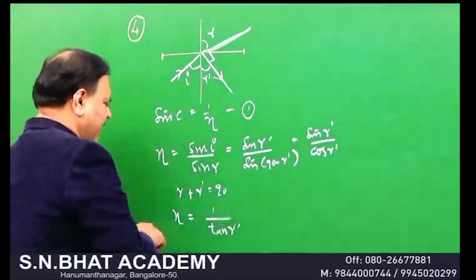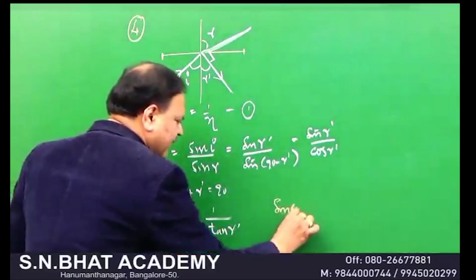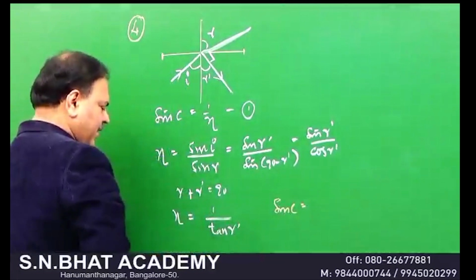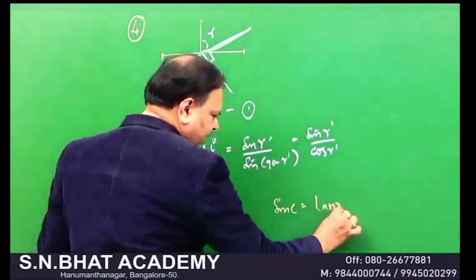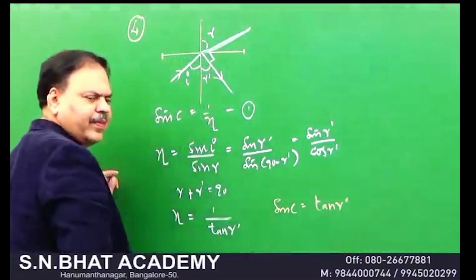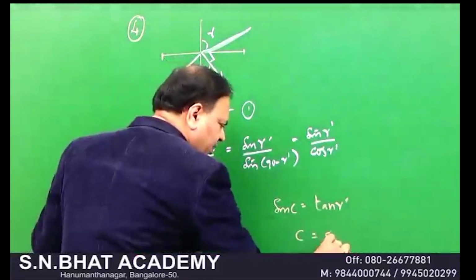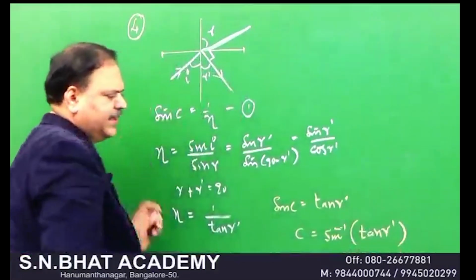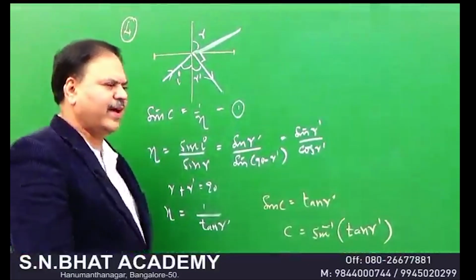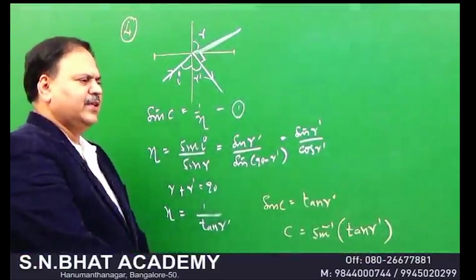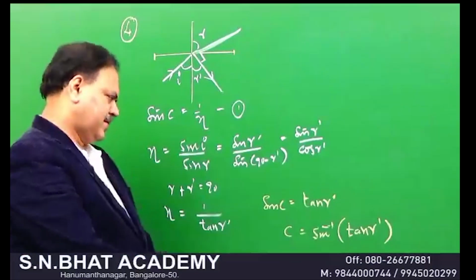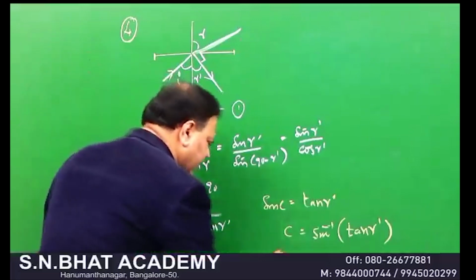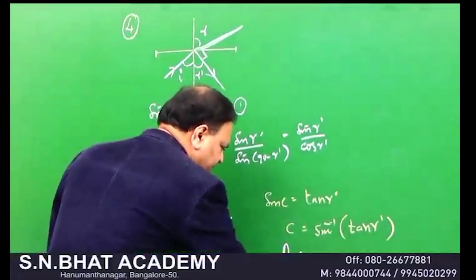You substitute this value in equation number 1, and therefore your sin C is equal to, in the place of 1 by n, if you take the reciprocal, you can write tan of R dash. And therefore your C is equal to sin inverse of tan of R dash. That's all the answer. So look at the various alternatives. It is sin inverse of tan R dash, that is the right answer, and therefore your answer is A for this one.